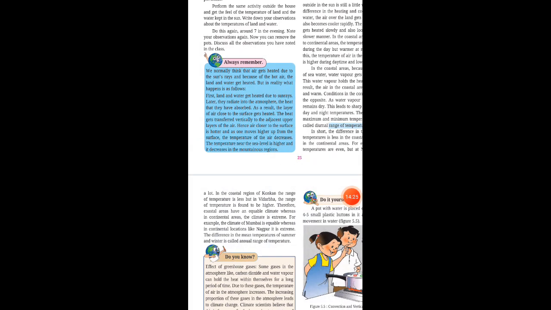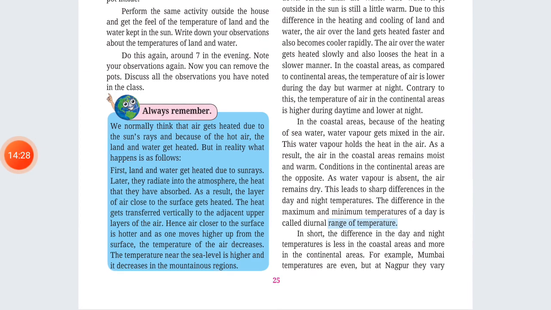So what happens is that the surface of the land radiates its heat, and that radiated heat is absorbed by the air which is flowing very close to the surface, and due to this, the temperature of the air in direct contact with the surface increases.